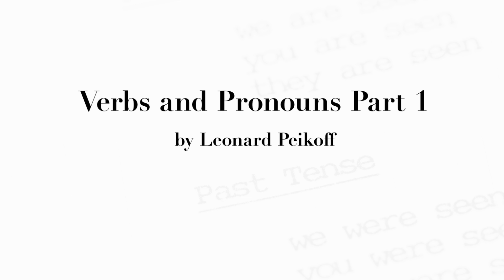A condition contrary to fact. Something that's either improbable or outrightly impossible. And this is a very valuable use. Look at number 7. If I were you, I would find out the truth.